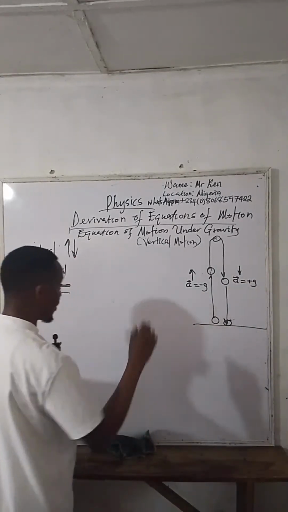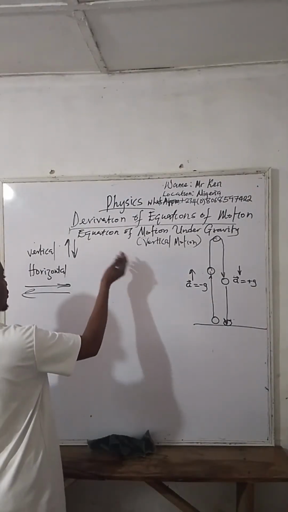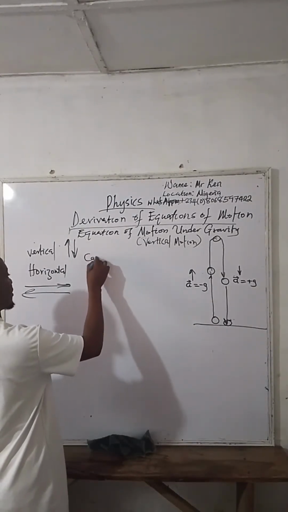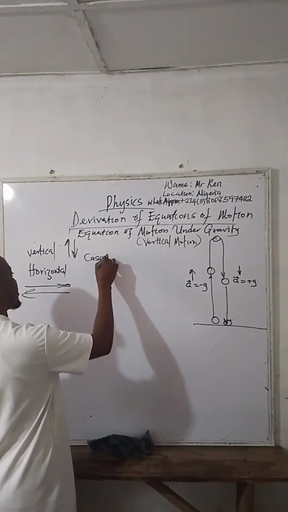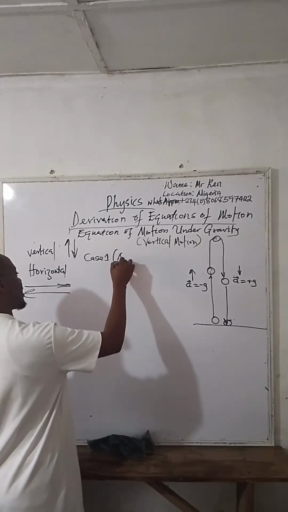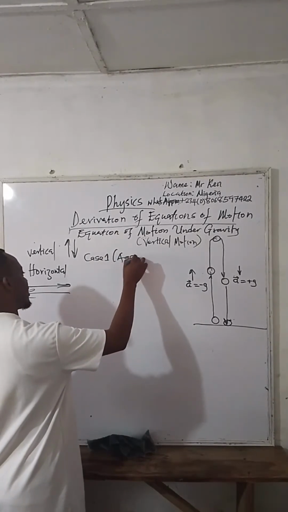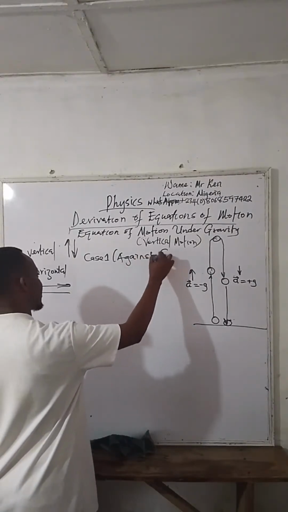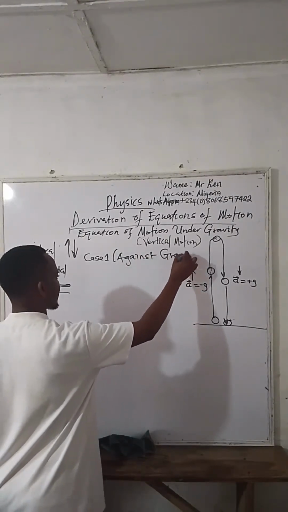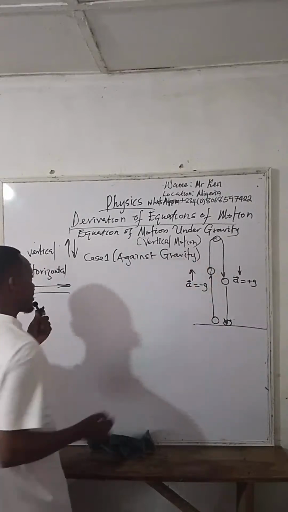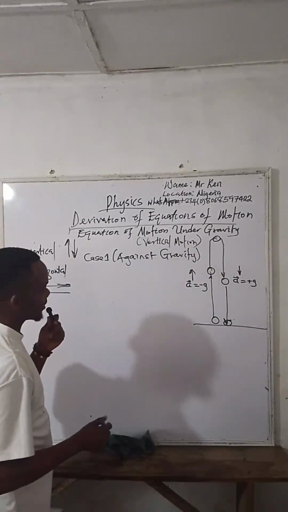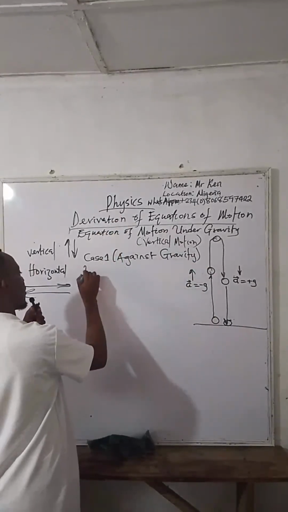So case 1, equation of motion against gravity. If it's against gravity, that means it's going up. Upward motion.